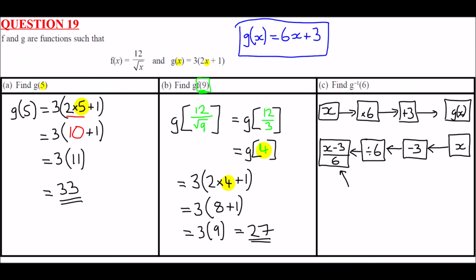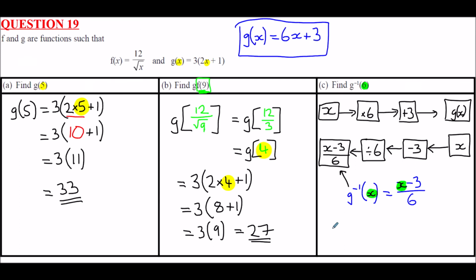So therefore, g minus 1 of x equals x minus 3 over 6. So now, if we want the specific value of g minus 1 for when we're inputting 6, we're just going to replace our x with 6.